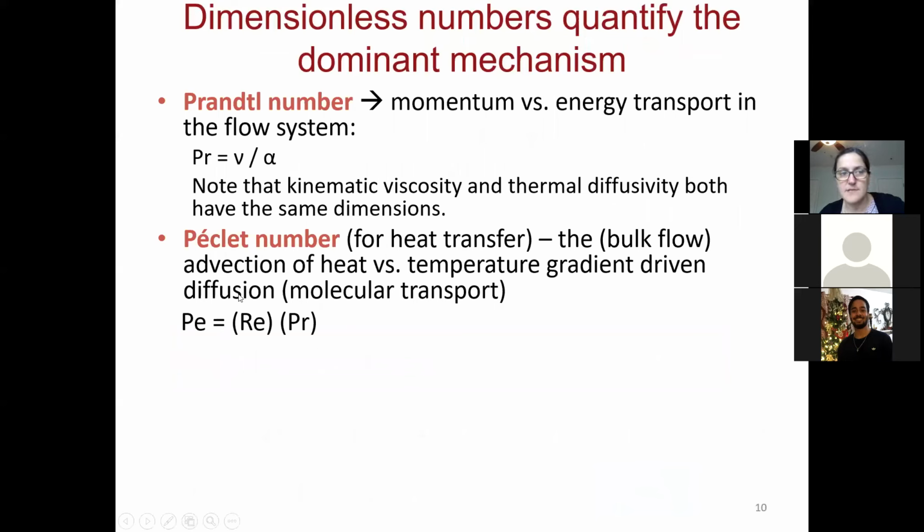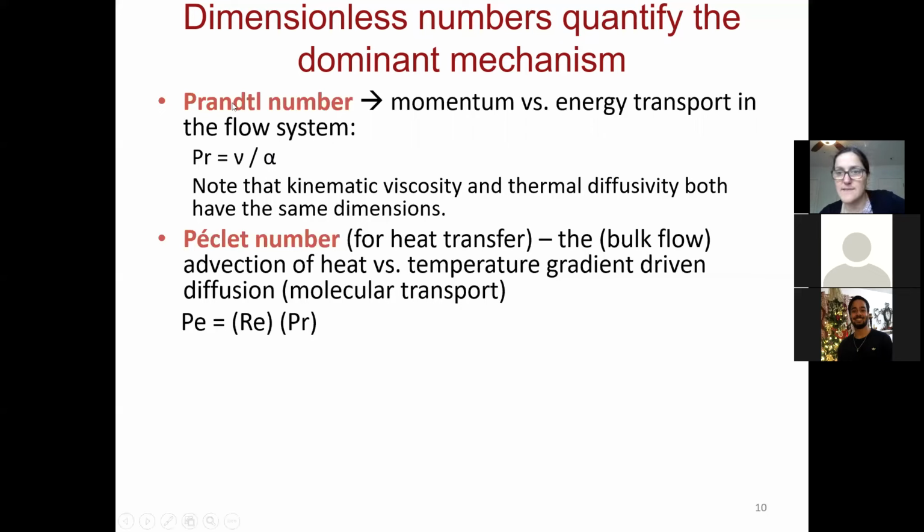So one of those numbers is the Prandtl number, and another is the Peclet number. The Prandtl number basically looks at momentum versus energy transport. It is the kinematic viscosity divided by the thermal diffusivity. Both have the same units, meters squared per second. If you remember, I got thermal diffusivity from thermal conductivity by normalizing it by rho and heat capacity, so density and heat capacity.